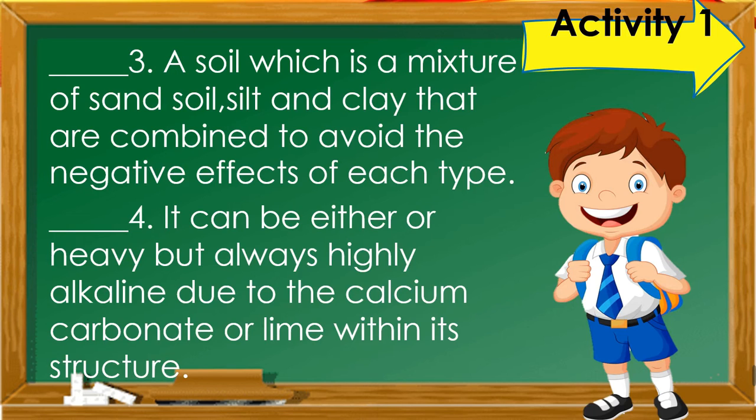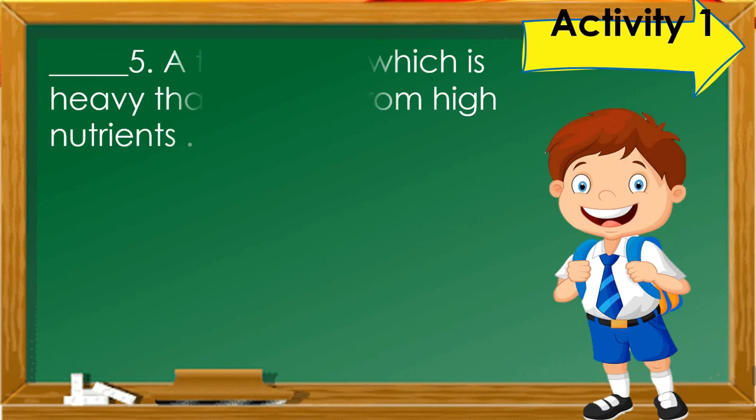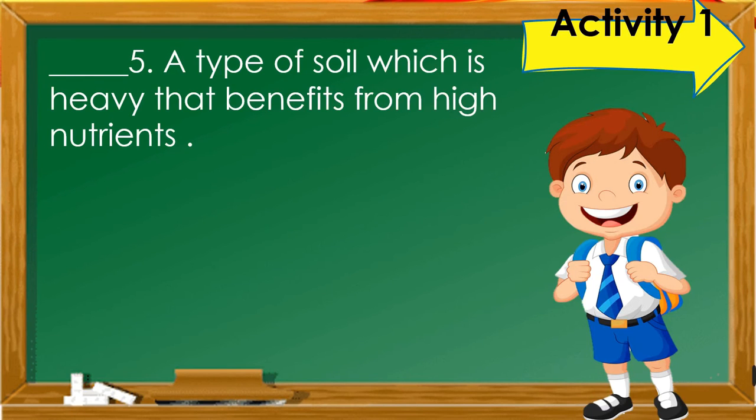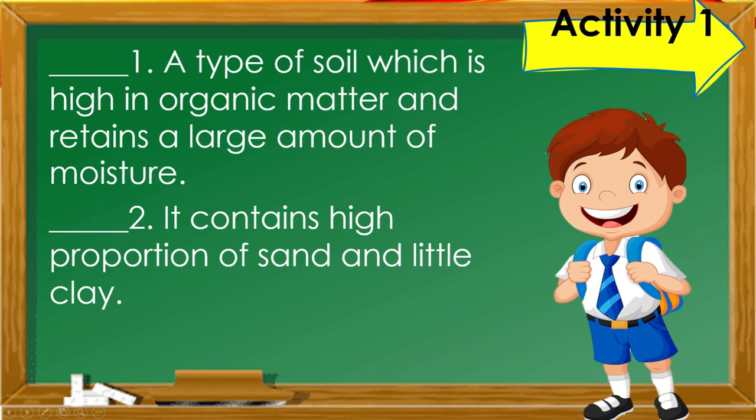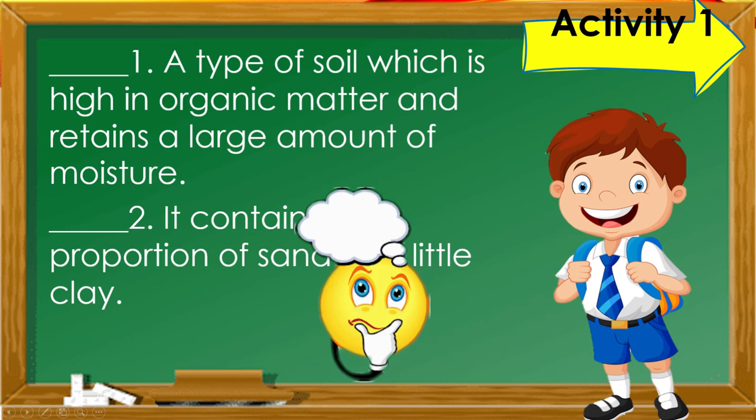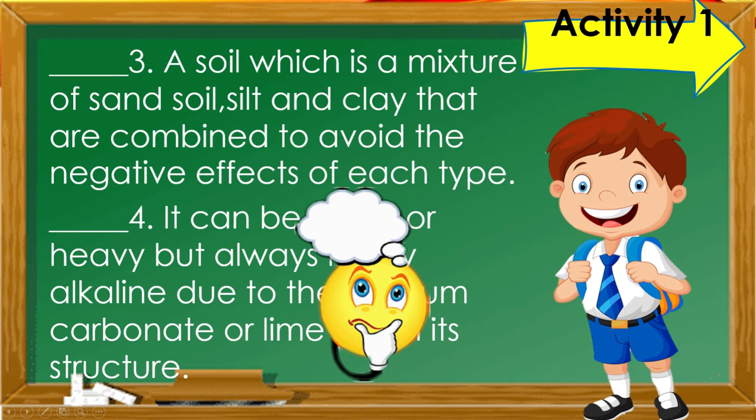It can be either light or heavy but always highly alkaline due to the calcium carbonate or lime within its structure. Number 5. A type of soil which is heavy that benefits from high nutrients. I will give you enough time to answer this activity and your time starts now.